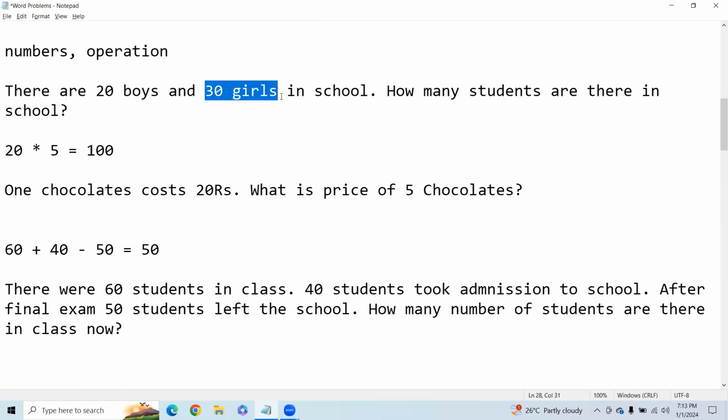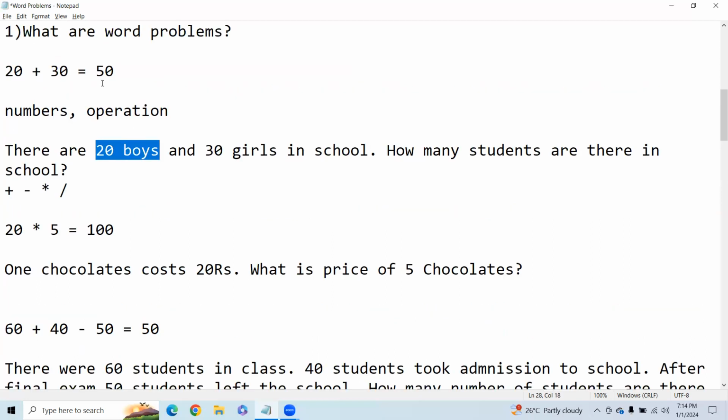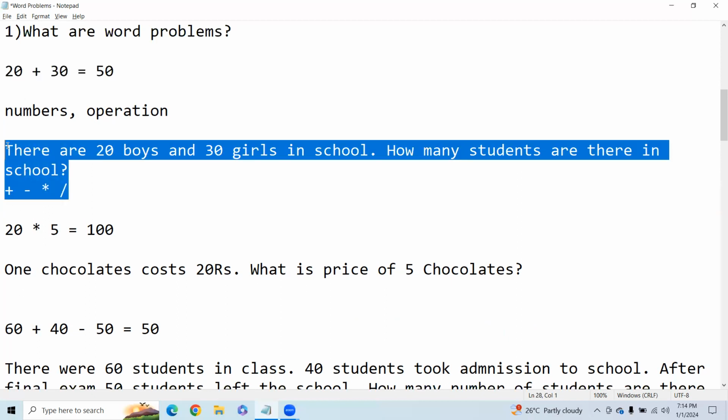Once we identify that, what operation are we supposed to do? It can be addition, subtraction, multiplication, or division also. So now it will be challenging for us. First of all, we should find the operation and then do the respective operation. This is the difference between a normal problem and a word problem.